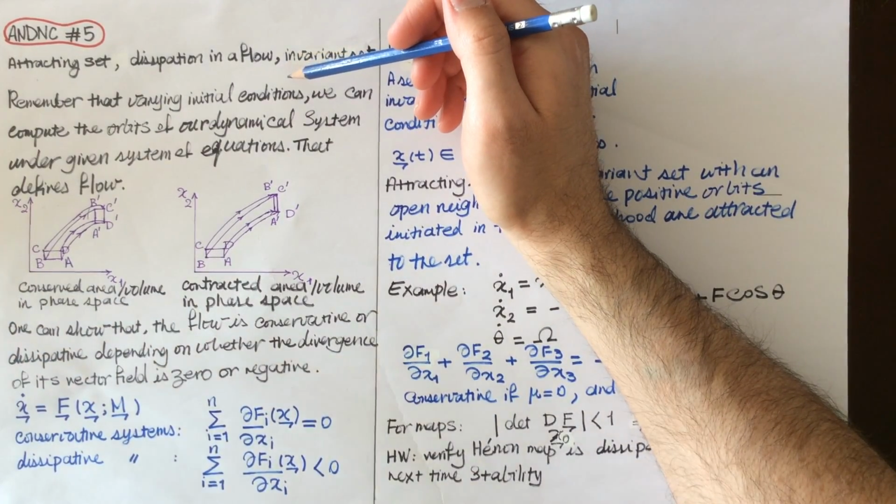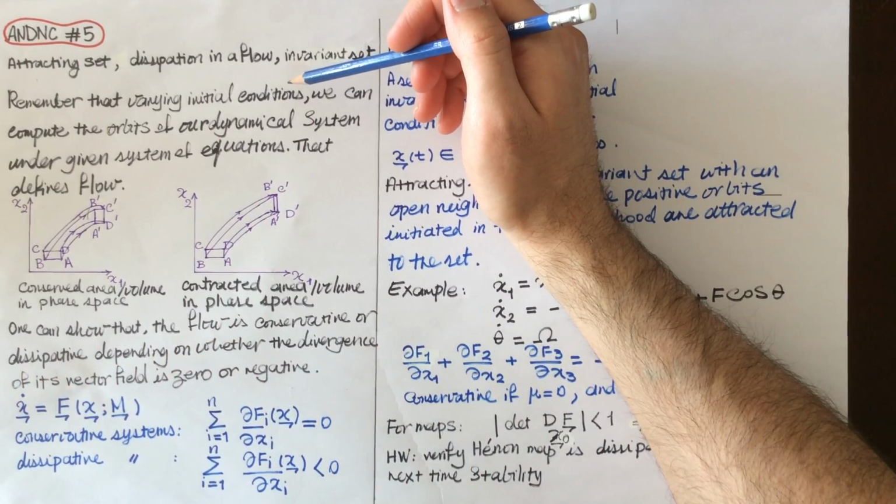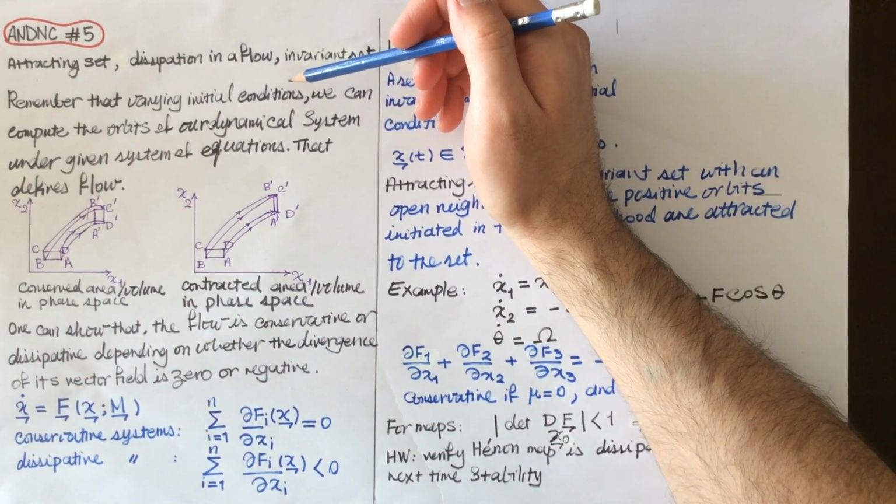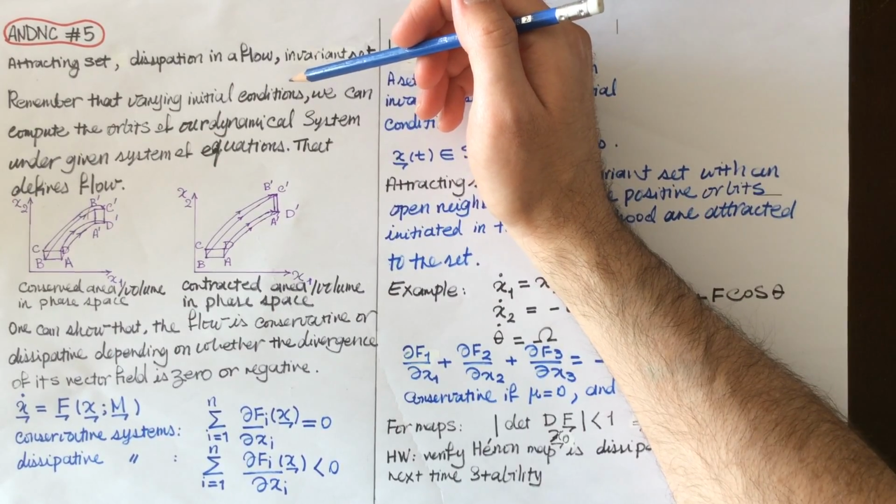So remember that by varying initial conditions, we can compute the orbits of our dynamical system.